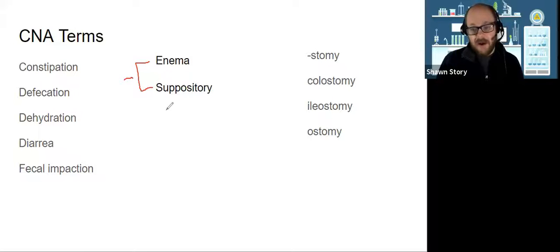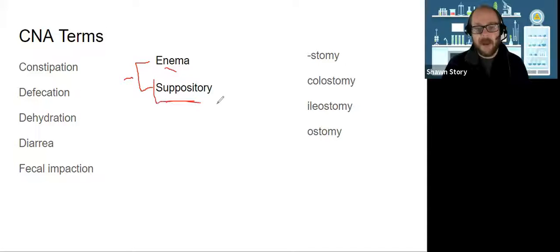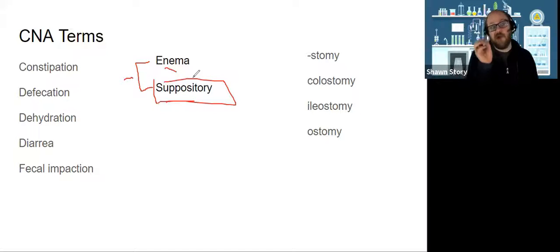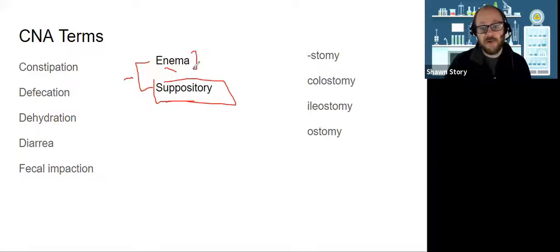And so we have an enema and we have a suppository. Have we heard these terms before? Suppository is more like a pill form, right? Correct. Yep. Suppository is a solid object, right? So it's something solid that might dissolve, or something solid that we're putting up into the colon. Enema is going to be a liquid.